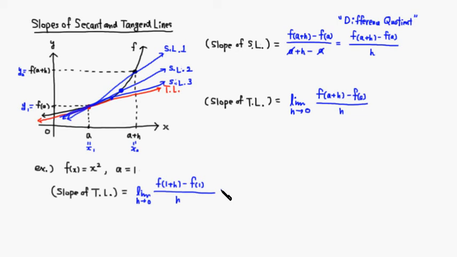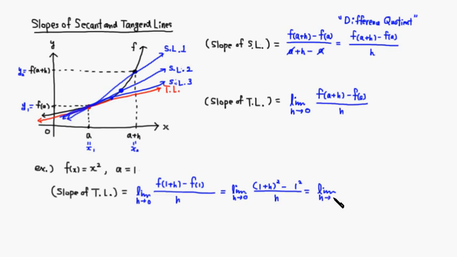So you have the limit as h approaches 0. f of 1 plus h is plugging 1 plus h into the function, so (1 plus h) squared, minus 1 squared, over h.